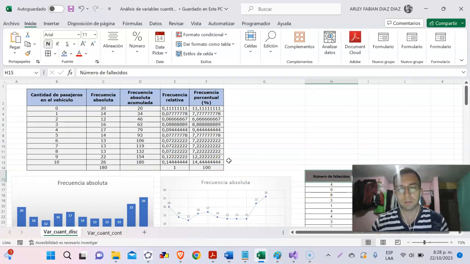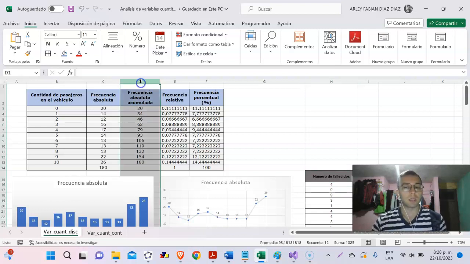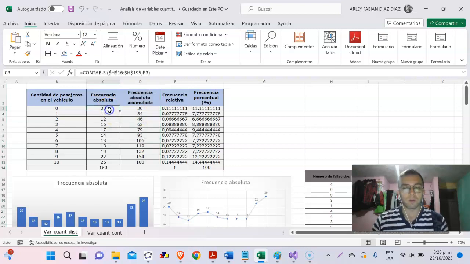The cumulative absolute frequency is located in the third column, and it contains the sequential accumulation or addition of the absolute frequency values. For example, our first data point is 20, which remains the same.